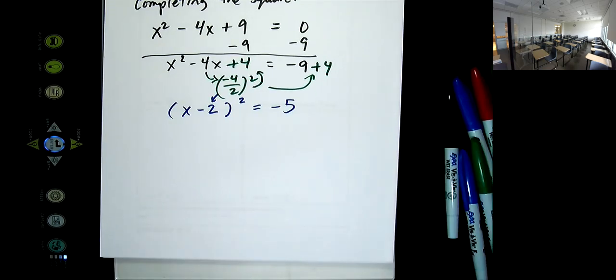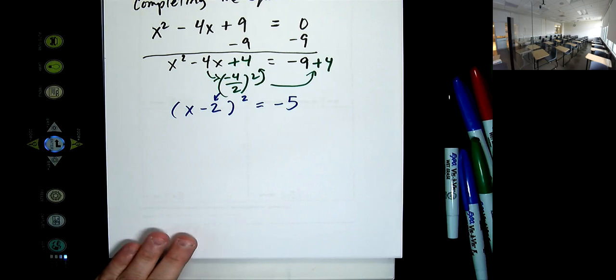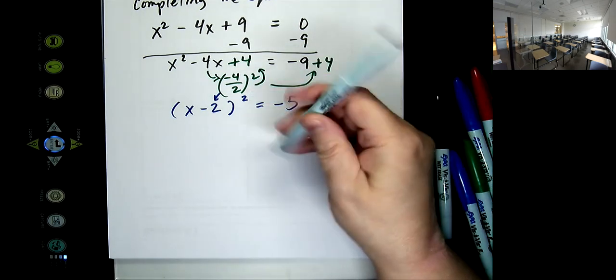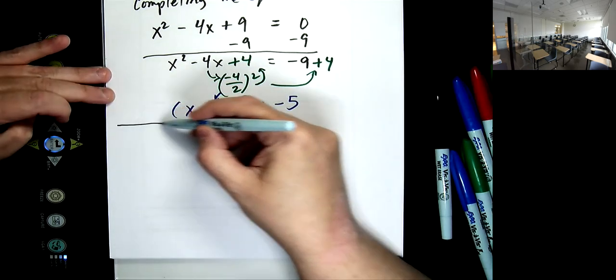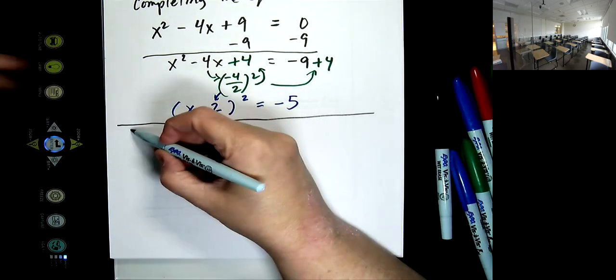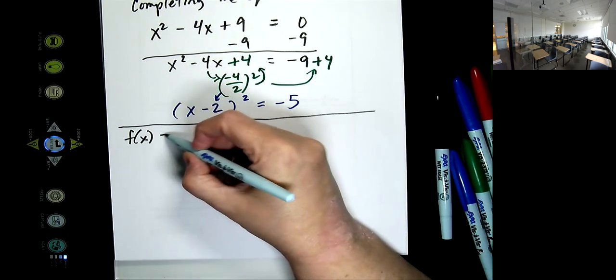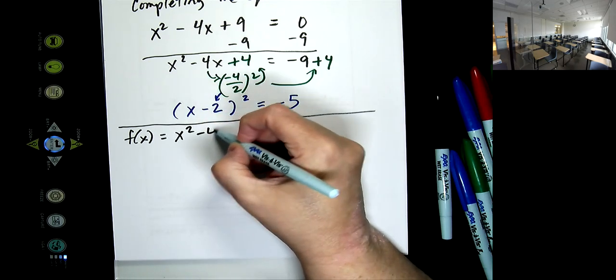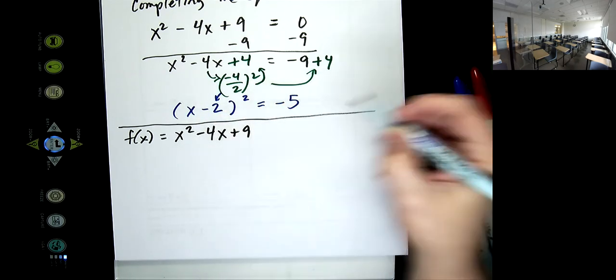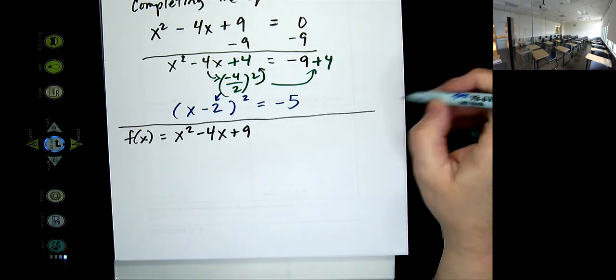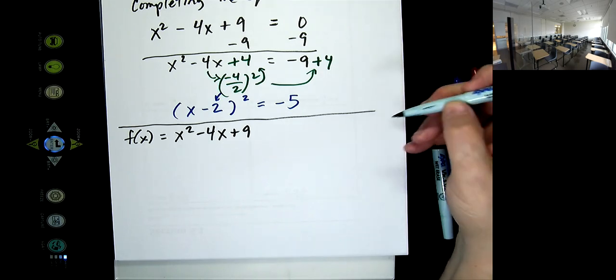The way we're going to change it up a little bit is instead of having it equal to 0, let's look at this same problem and have it equaling f of x. Now I don't want to move the 9 to the other side.